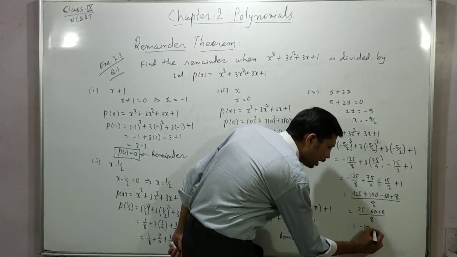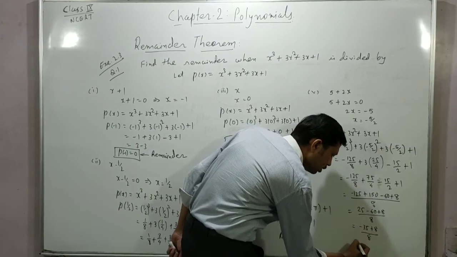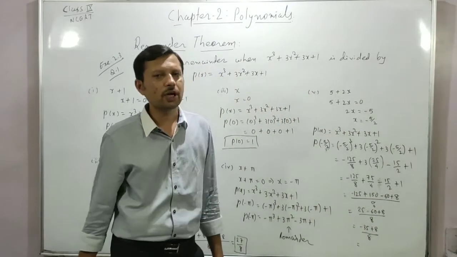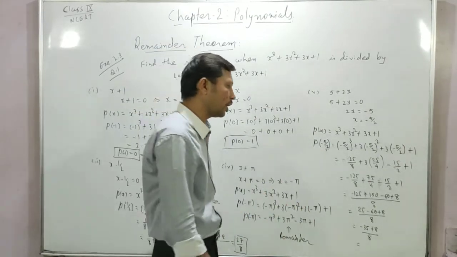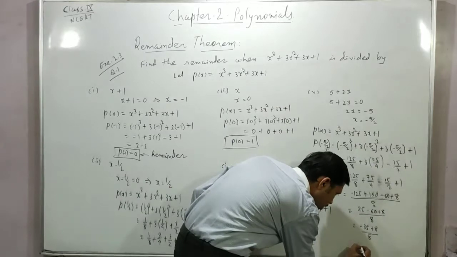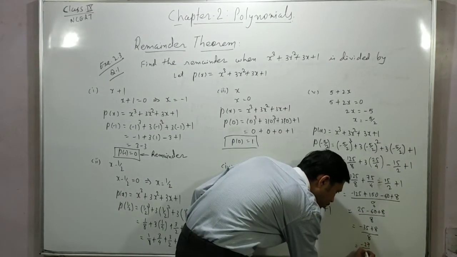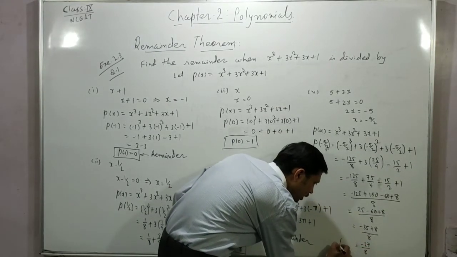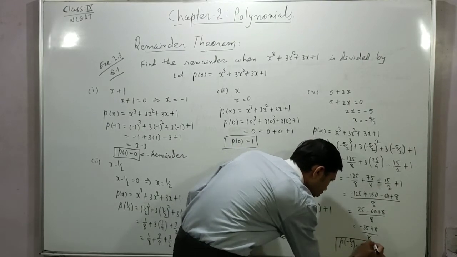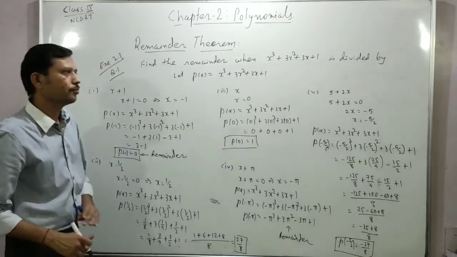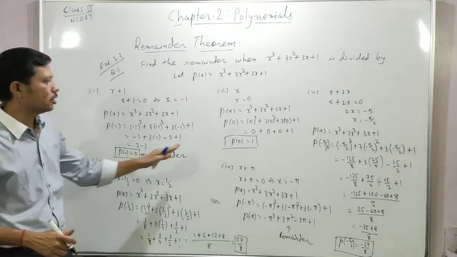So minus 35 and plus 8 upon 8. So finally minus 35 and plus 8, again subtraction happens. So 35 and 8, what is the subtraction? You will get 27, but that is negative. Okay, and that's P of minus 5 by 2. Understood, bachcho?